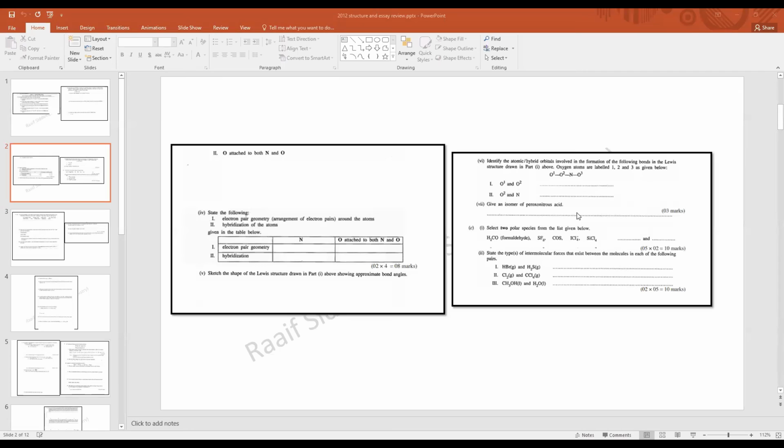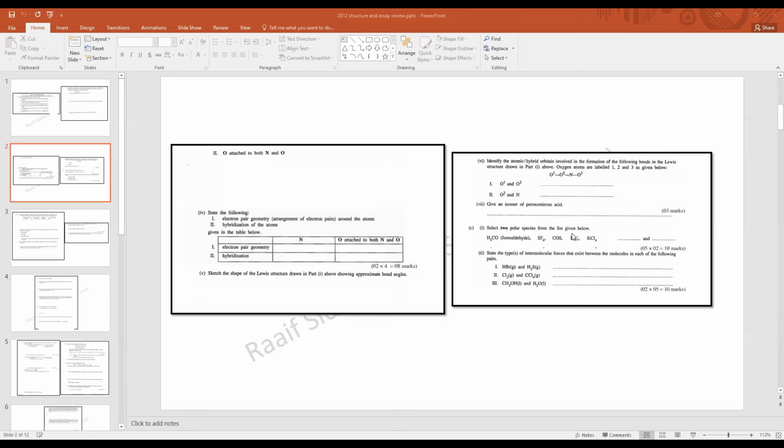So the clear isomer of this is HNO3, nitric acid. It should be very easy to get the answer for that part. So we will quickly move on to the rest of the question, and we will quickly finish this session today.